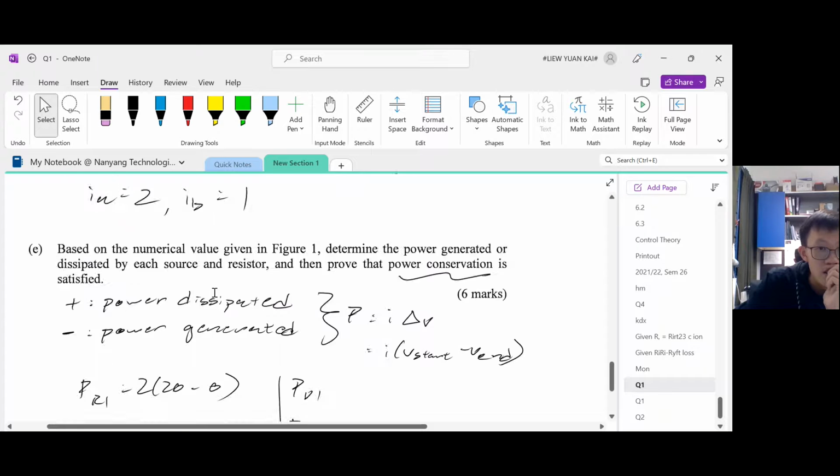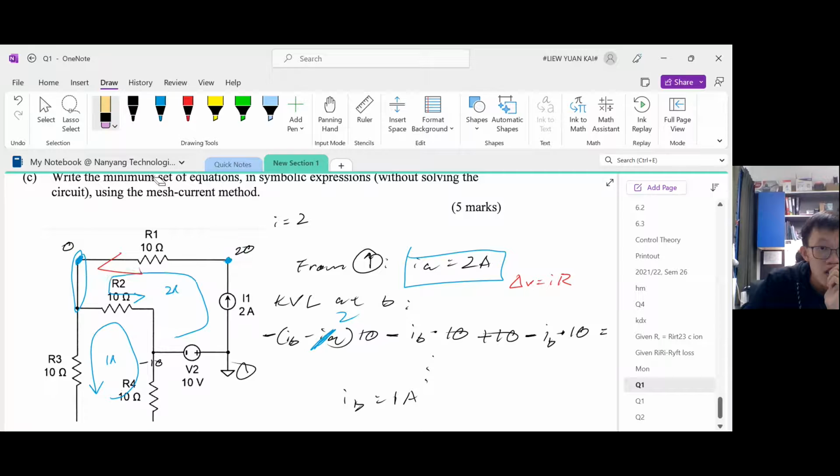Now let's look at R2. R2 is a bit complicated, because the currents are clashing at each other. Let us take a closer look. We have I2 flowing to the right in this branch that R2 is sitting in, whereas this 1 ampere current is moving to the left.